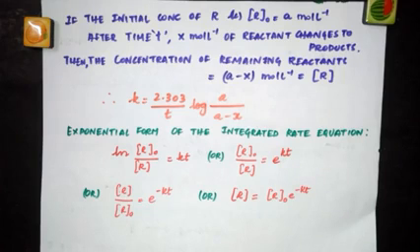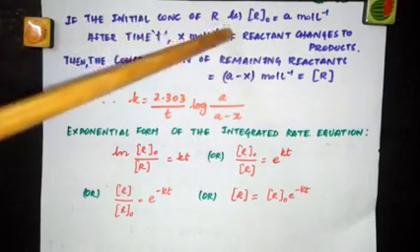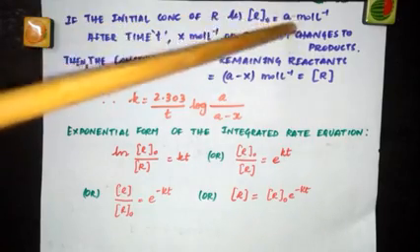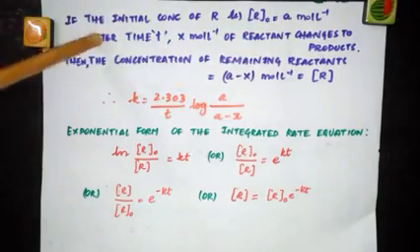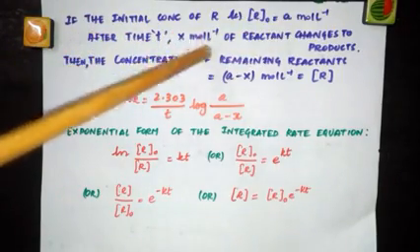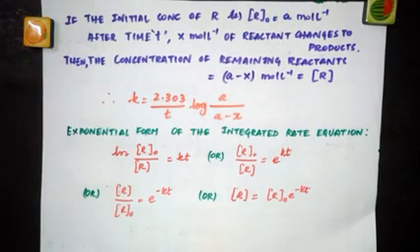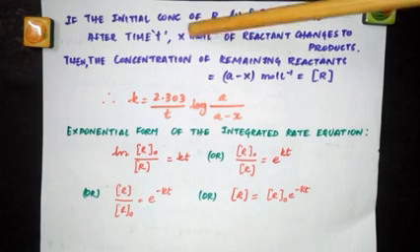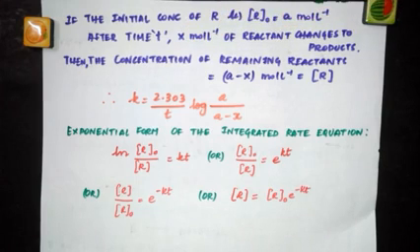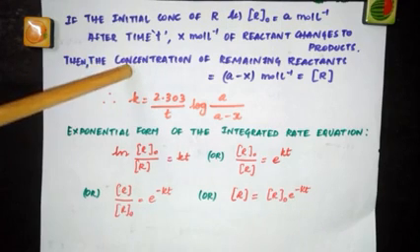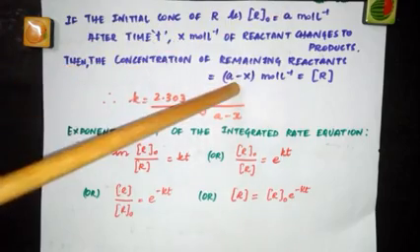When we derived that expression, we took R as the reactant. So if the initial concentration of R, that is R naught, is equal to a mole per litre, after time t, x mole per litre of the reactant changes to products. So we are taking a moles of the reactant R, and after some time t, x moles of that initial concentration changed into products. So what will be the concentration of the remaining reactant? a minus x.